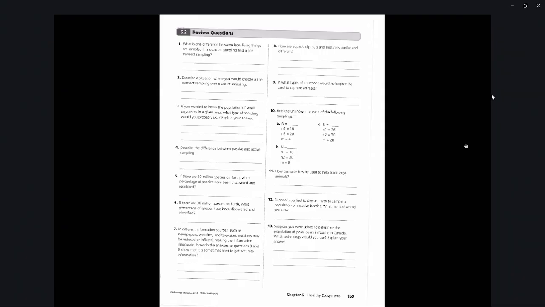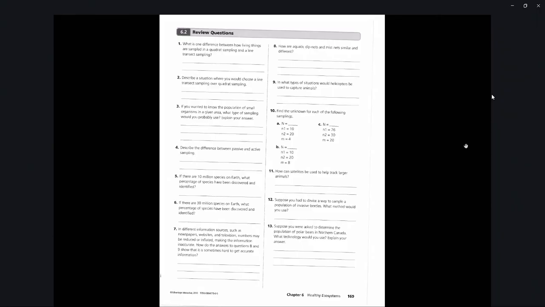You could talk about what it is you're trying to catch with those nets. You could tell a little bit about how the nets are made. Okay. And that might help you out with how they're the same and how they're different. So 2 marks for question 8.